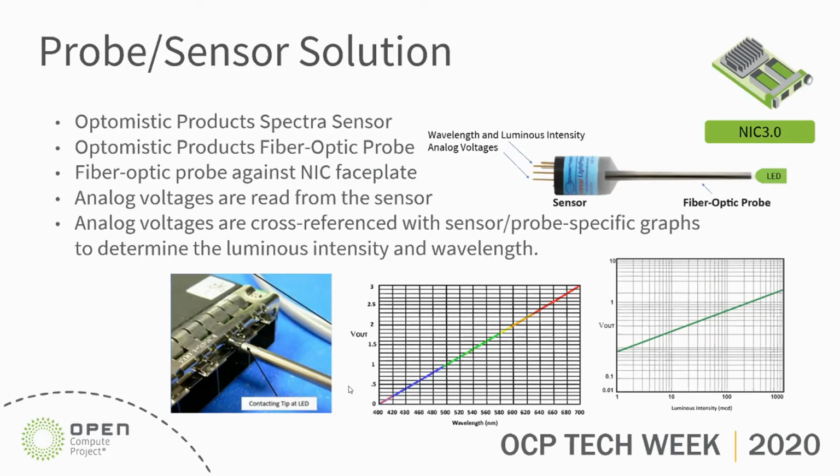So again, NIC level, not LED level. We have to take into account light pipes, the faceplate, and other things that can interfere with the light coming directly from the LED. With that, I will hand it over to John Lewis to talk about how we're integrating this sensor probe combination into a test fixture.